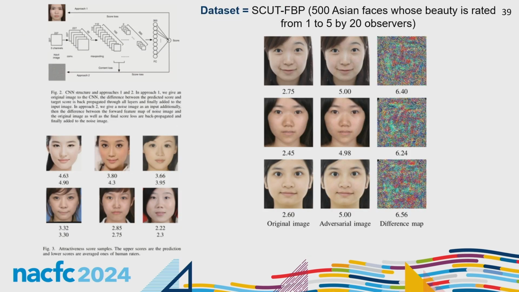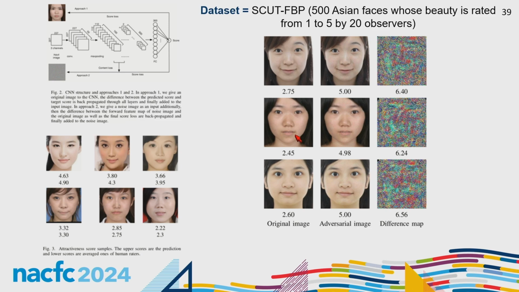This is another example to show you that image quality can have a huge influence on the classification from this network. It's a very questionable data set where so-called experts were asked to rate the beauty of women's faces. Then what the authors did is they added some white noise to the image.